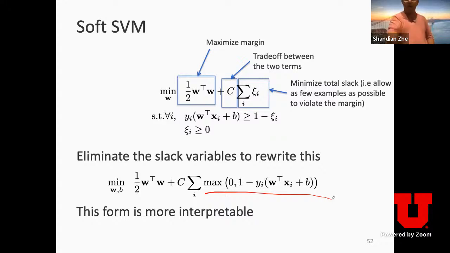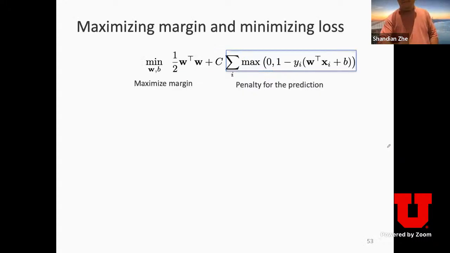before we talk about how to optimize this problem, because this problem now is further simplified to be just an unconstrained optimization problem for only w and b, right, let us look at what this simplified objective function tells us. So in this objective function, we have two terms.